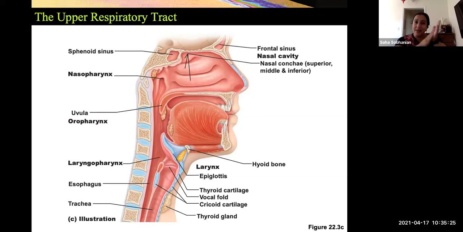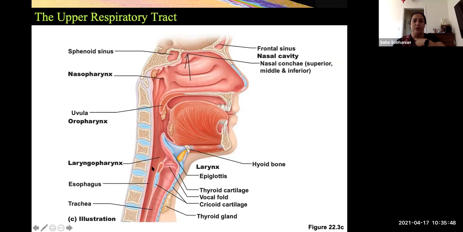When I'm eating, I want the epiglottis, the little flap that you see in blue, to come and cover my larynx. As food comes down, I don't want the food to go through my trachea.